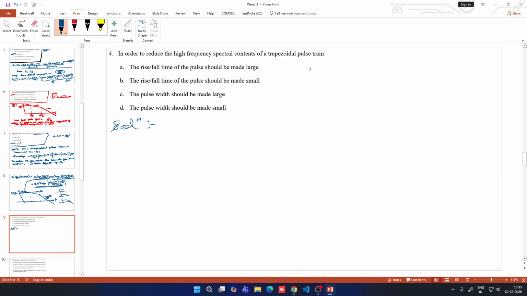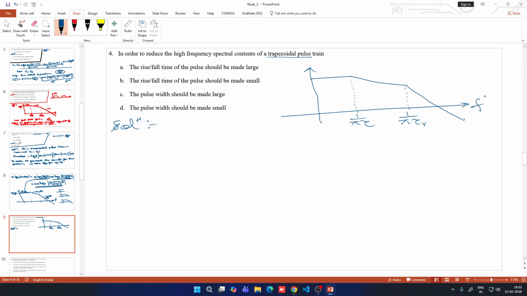We can easily see this if we draw the spectral bounds. So I'm drawing a spectral bound for a trapezoidal pulse train. It looks something like this. This is 1 by pi tau, and 1 by pi tau_r, where tau_r is the rise time. And this is 2a tau by T, with 0 dB, minus 20 dB, and minus 40 dB.